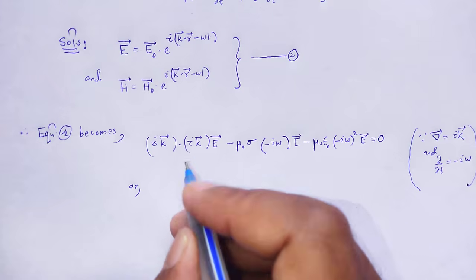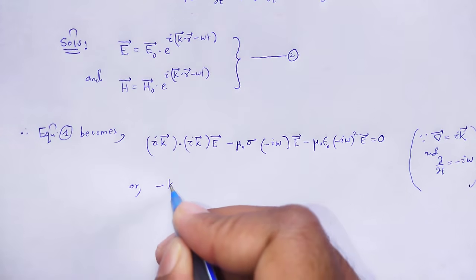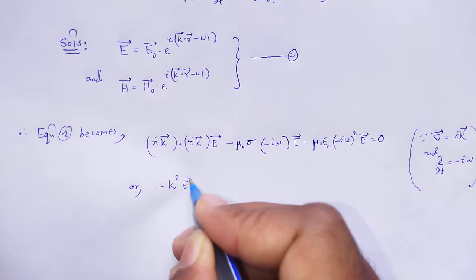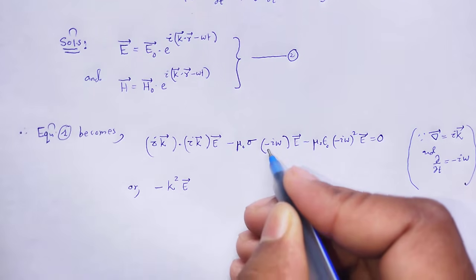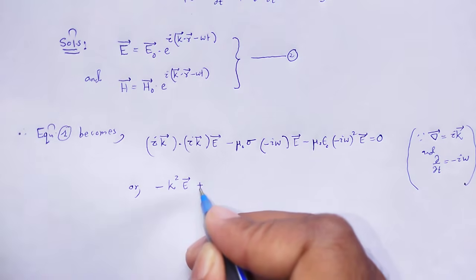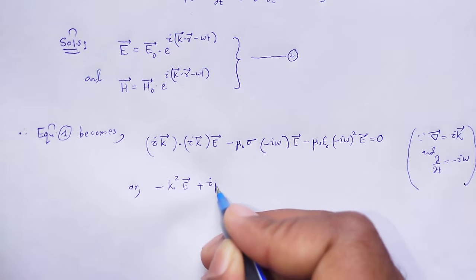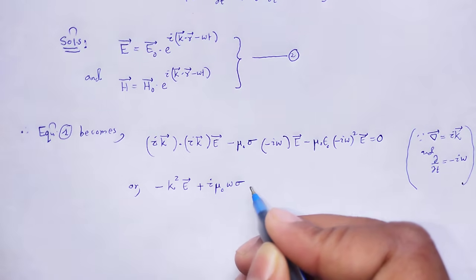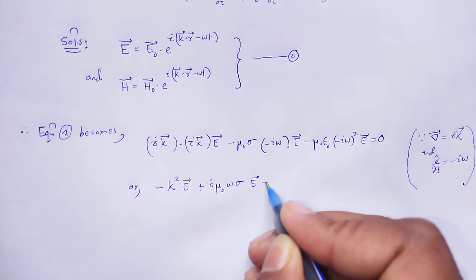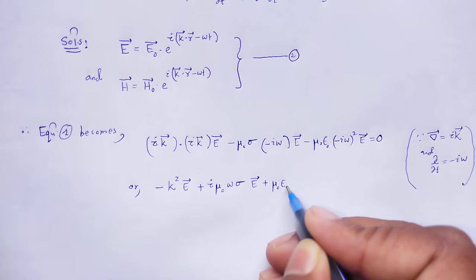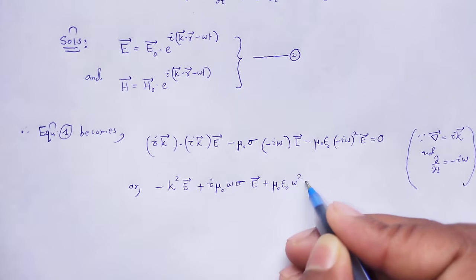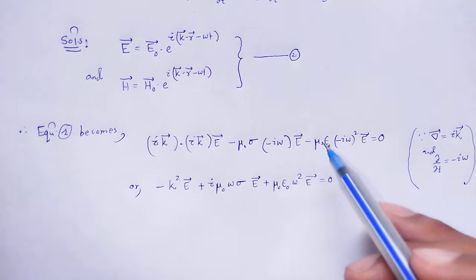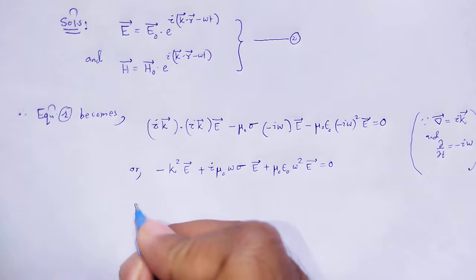Here i square is minus 1, so minus k square E vector, plus i mu naught omega sigma E vector, plus mu naught epsilon naught omega square E vector is equal to 0.